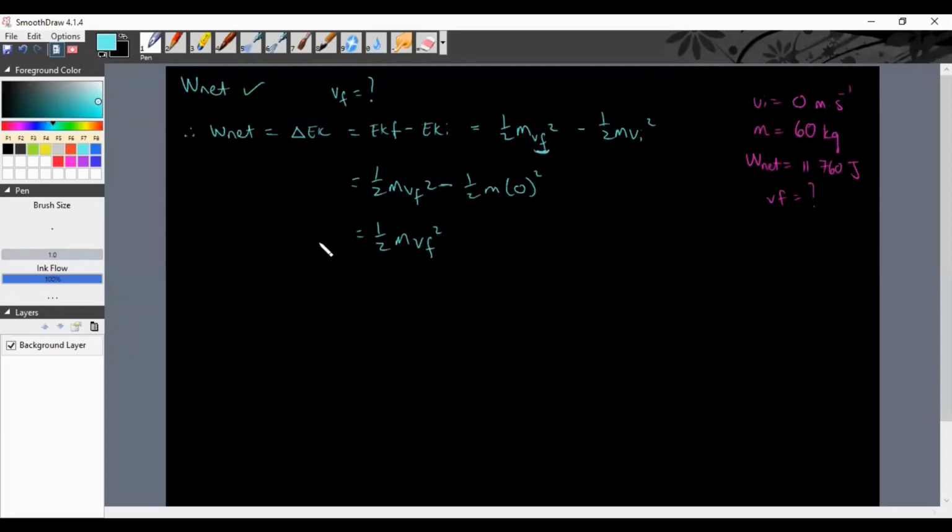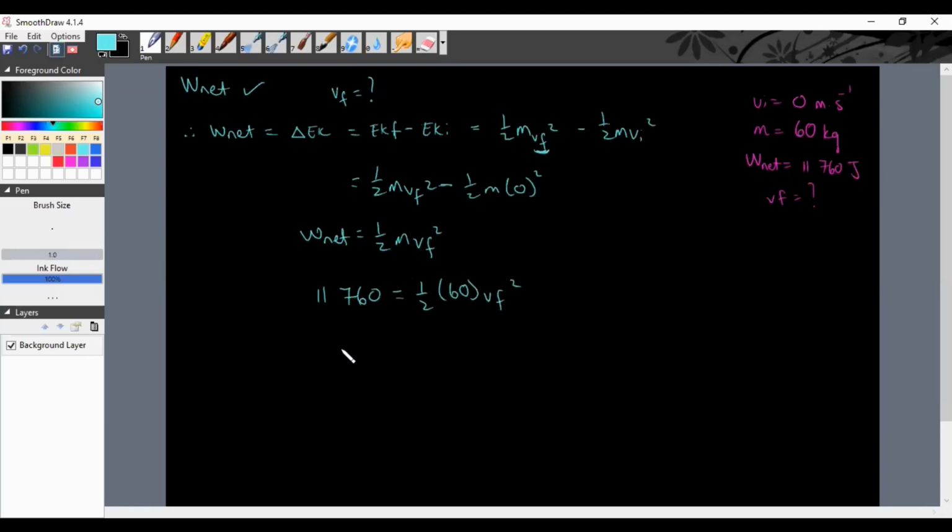So a simplified one will be W net is equal to half mvf squared. Now I can just sub in my values. So W net is 11,760, which I calculated in my previous question, equals half mass, 60, vf all squared. Obviously, I know that value.